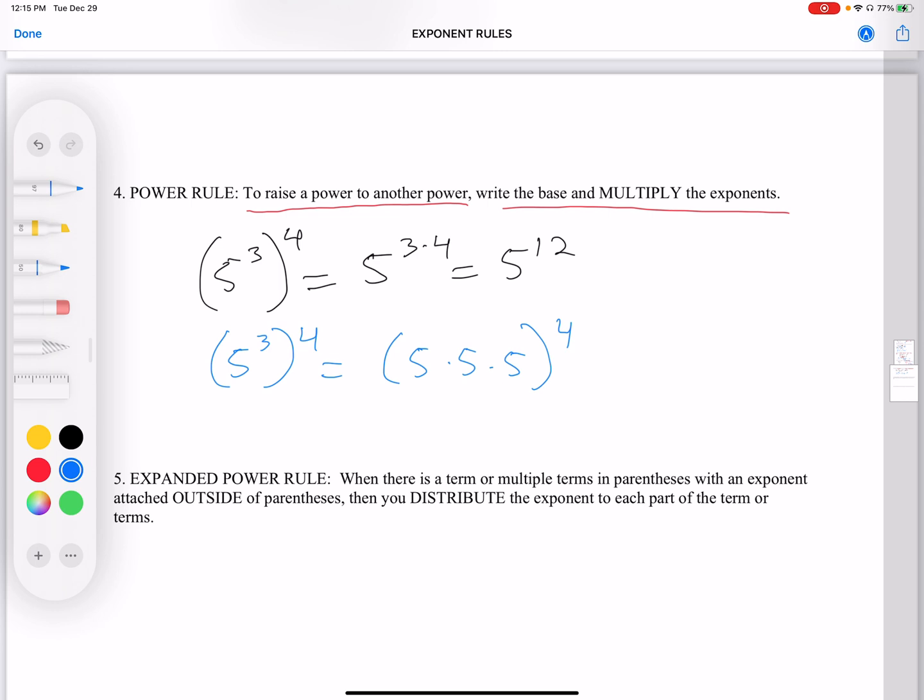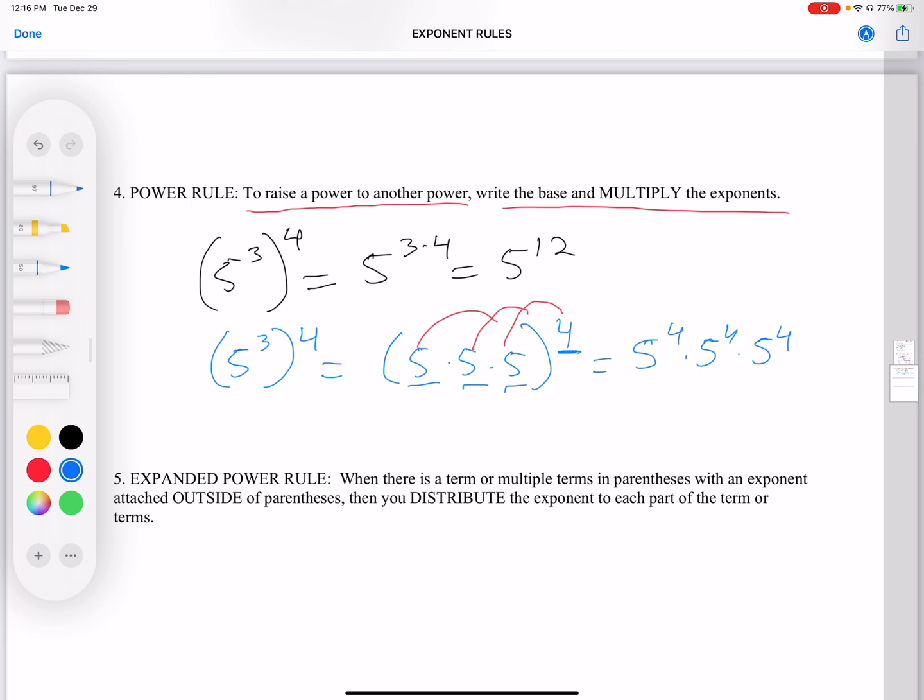And well, this exponent of 4 applies to everything in the parentheses. So now I've got 5 to the fourth times 5 to the fourth times 5 to the fourth, right? Because it's like the distributive property. You're distributing this exponent to everything in the parentheses.